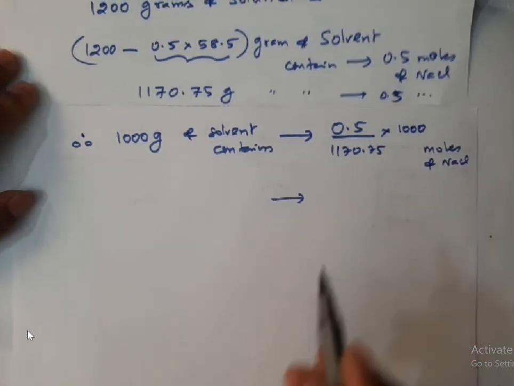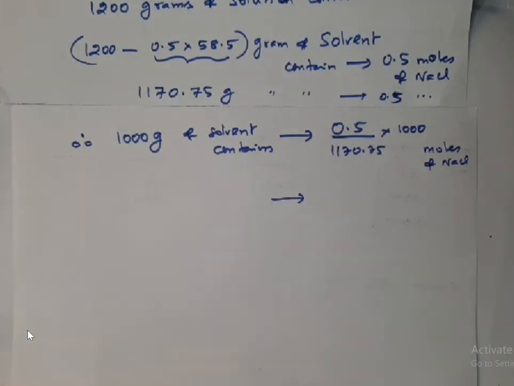So what's the value of this? I'll use the calculator and find it out. 0.5 into 1000 divided by 1170.75.